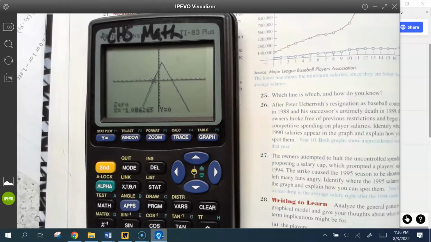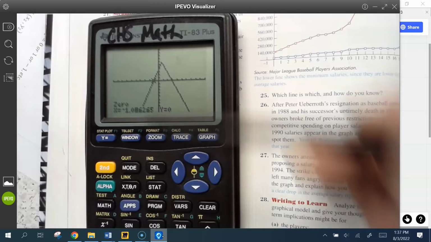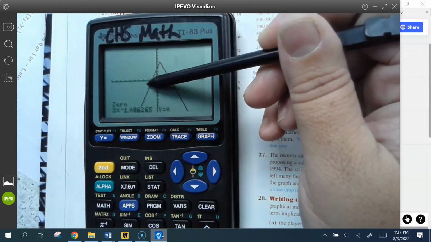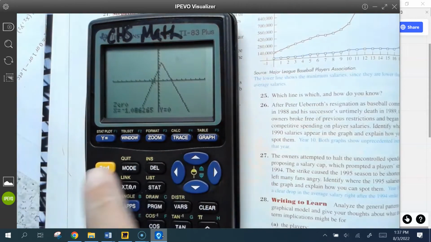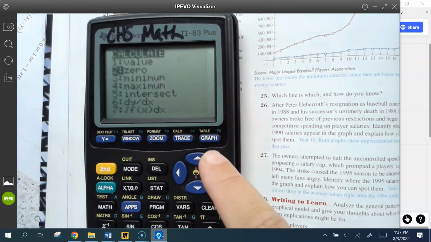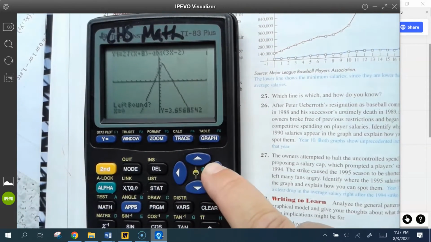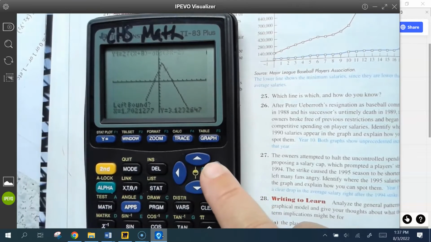One solution is negative 1.086. That is one answer to this equation. There are 2 answers. Yours says what? Left, get your spider on as close to this as you can and click left 3 times and enter. I'm going to do the same thing for the other 0. I'm going to get it as close as I can to the 0, right?